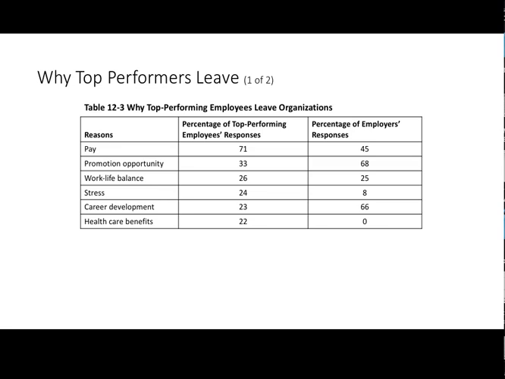So you can see there's an imbalance here between the perceptions of the employer, why people leave, and the perceptions of the employee, why they leave. So pay is really important to keep people. It doesn't keep them motivated, but at least it sets things on a level playing field, right?